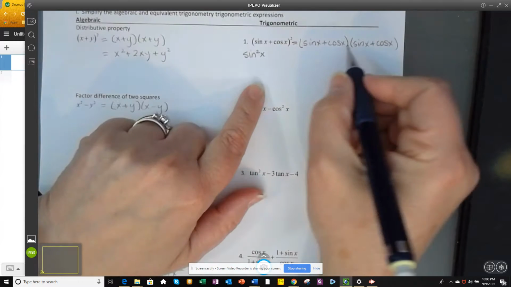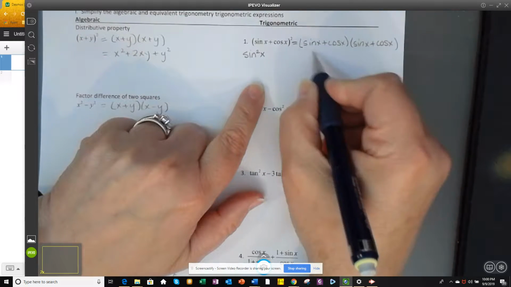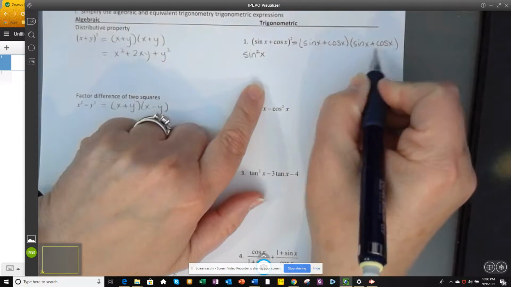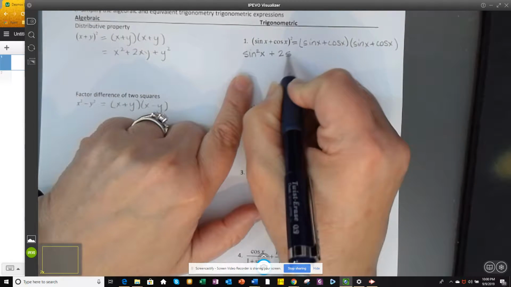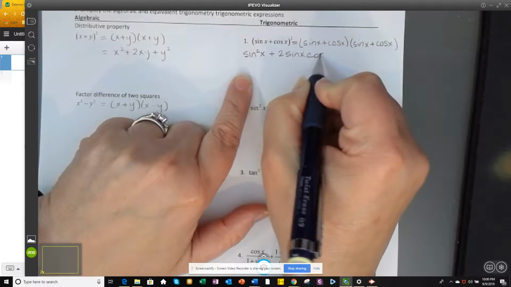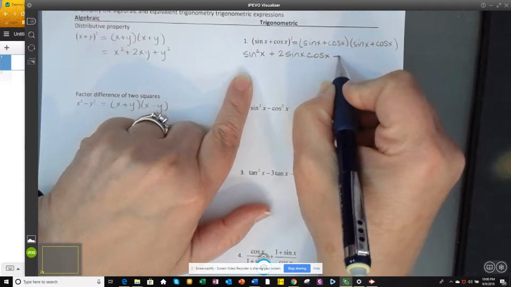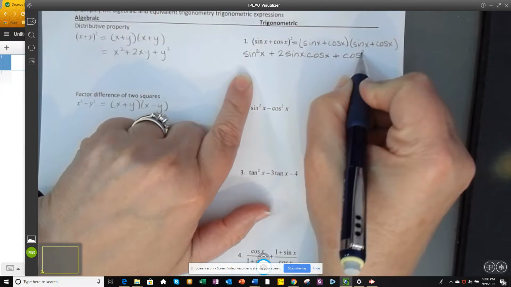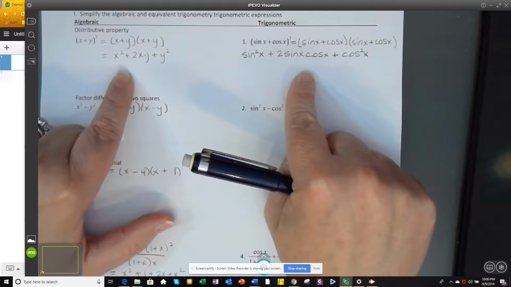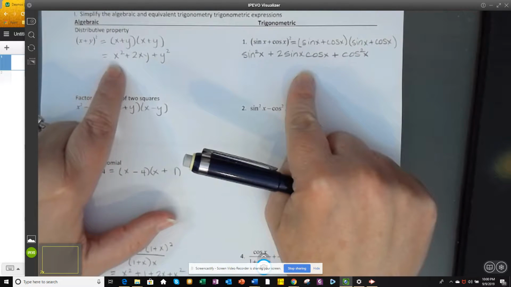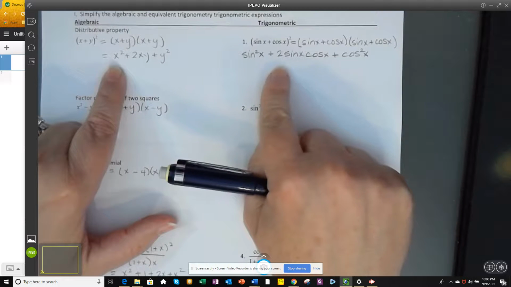Then I can multiply my inner product and my outer product, and I get sine times cosine and sine times cosine, which means I'm going to get 2 sine x cosine x plus cosine squared x. And there we have a similar outcome, except instead of variables x and y, we're using sine x and cosine x, which are representatives for just a number.